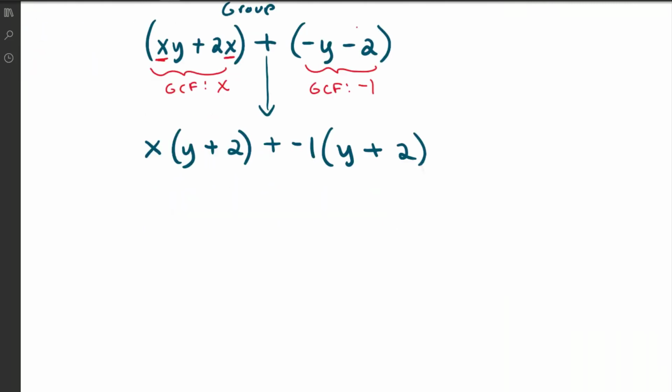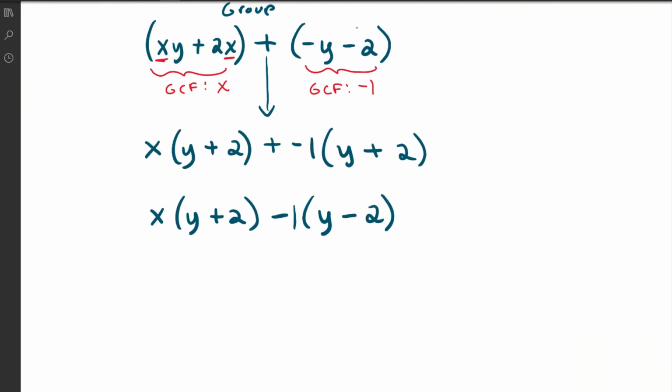So you could write it like I wrote it, or a cleaner way to write it would just look like this right here. And now we can finish the factoring. We'll have y plus 2, x minus 1.